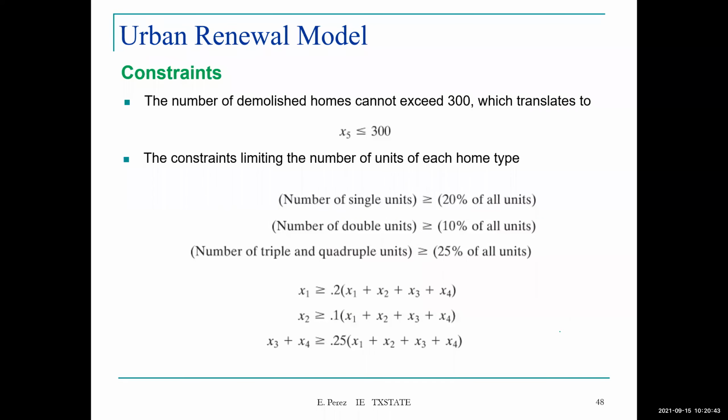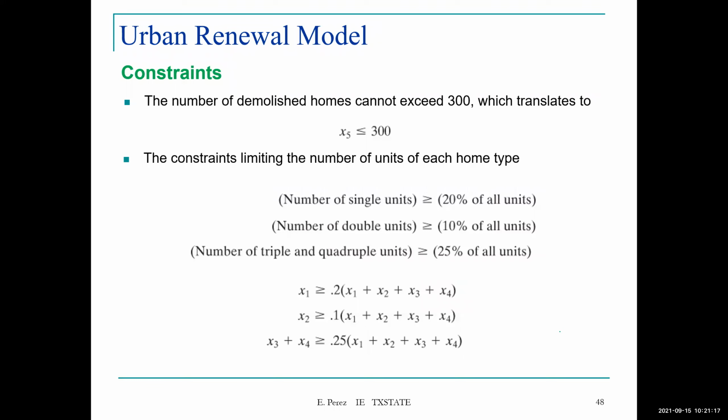And the constraints limiting the number of units of each home type. As we saw, for a number of single units, it has to be at least 20% of all units. Double units has to be at least 10%. And number of triple and quadruple has to be at least 25%. So what we are doing is, again, putting a lower bound for each one of the decision variables, saying, okay, for X1, we have to make sure that we build this many, which is going to be 0.20 of the total number of homes.